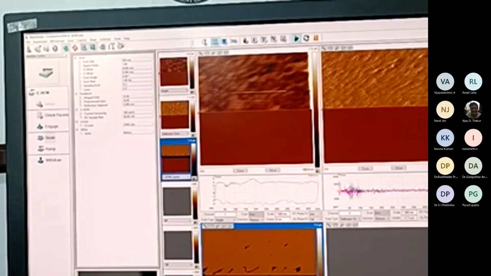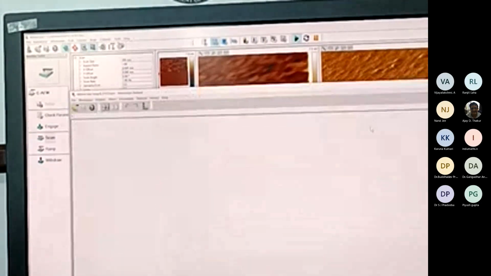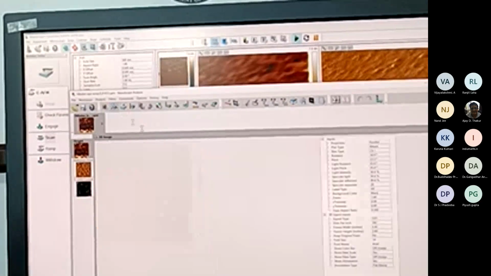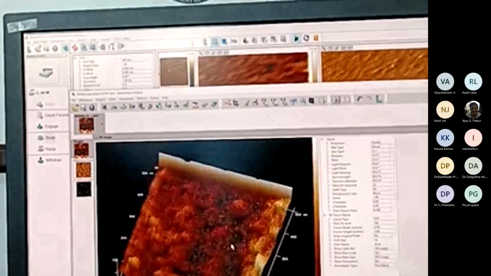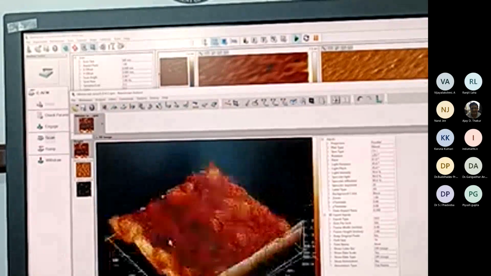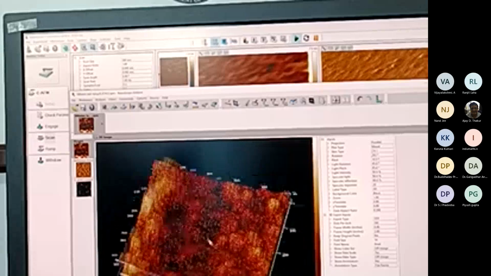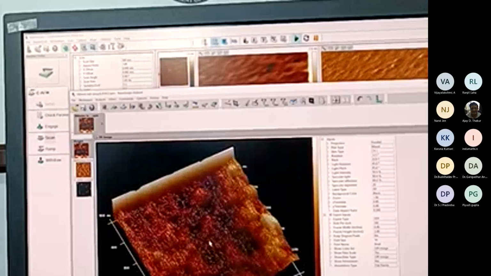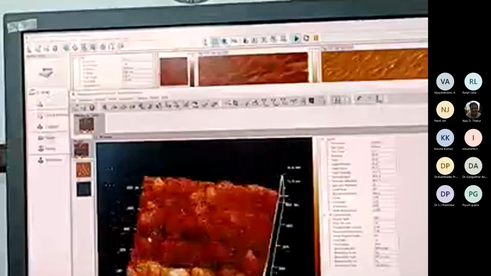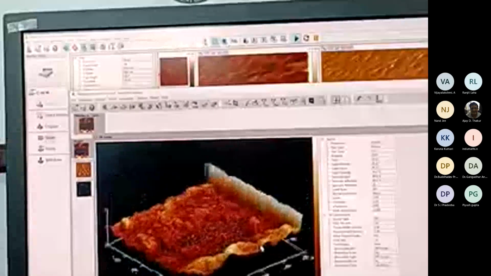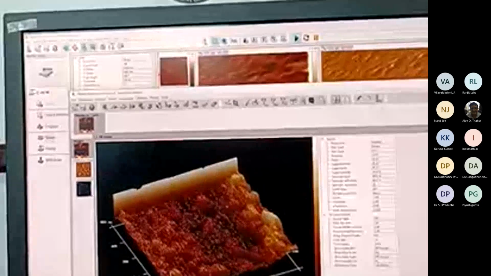Some of the images I'd like to show. See, this is gold coated mica, and this is a 3D picture. Basically, the main advantage with AFM is that we can get X, Y, and Z. So here, this is a 3D view of our image. Some other images I would like to show.